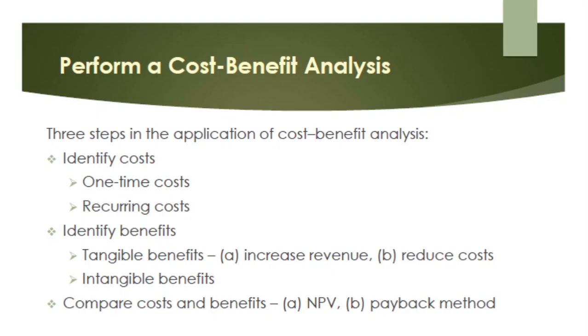NPV is the present value of the cost that is deducted from the present value of the benefits over the life of the system. The payback method is a version of your break-even analysis, wherein the break-even point is the point at which the total cost equals the total benefits.